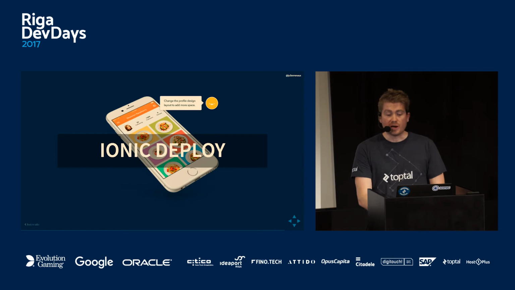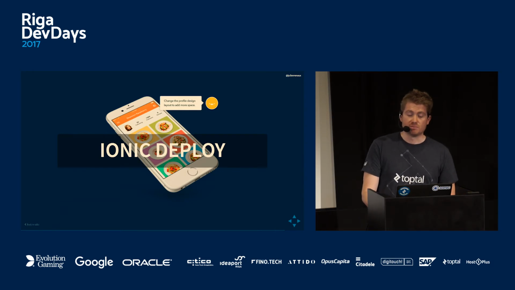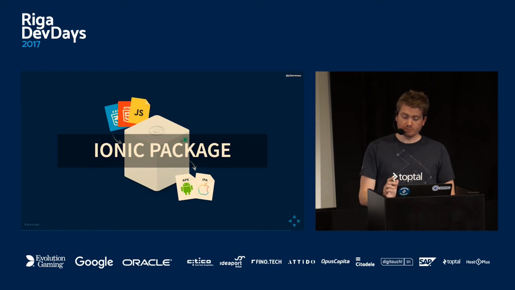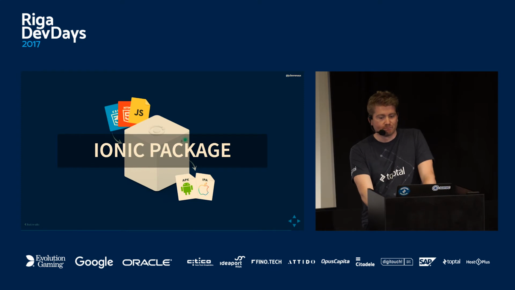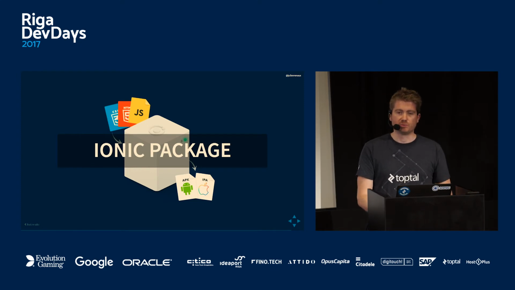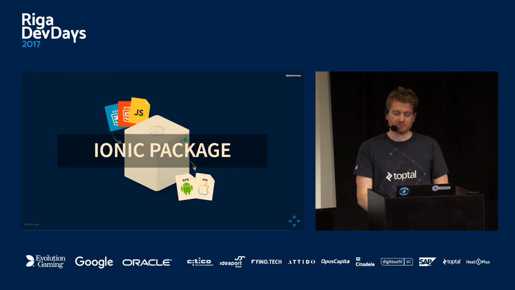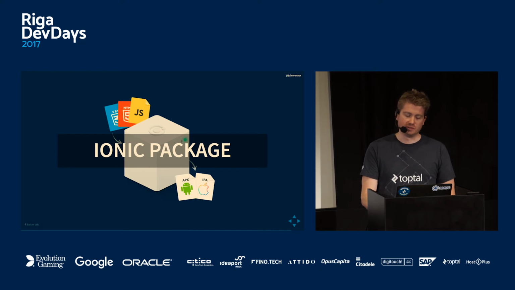And there is also Ionic Packages, which makes it easy to build native binaries of your app for iOS and Android directly on the cloud. It is perfect for developers using Windows or Linux who want to build an iOS app, for instance. You do not need an Apple machine to do this anymore.